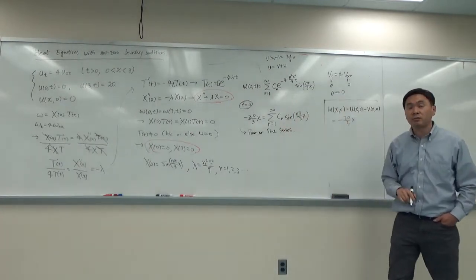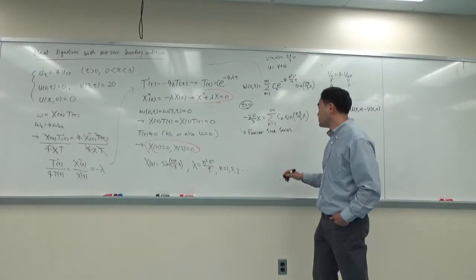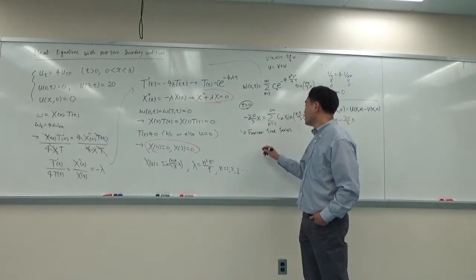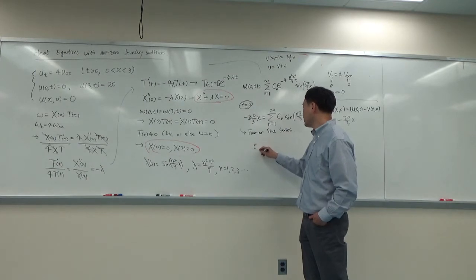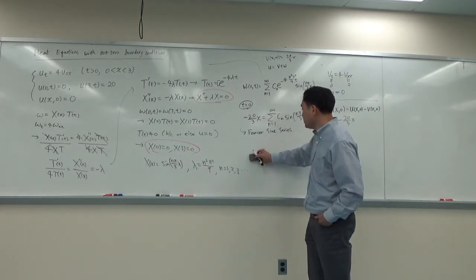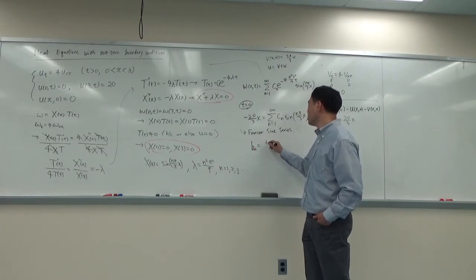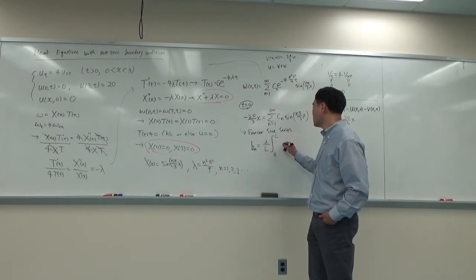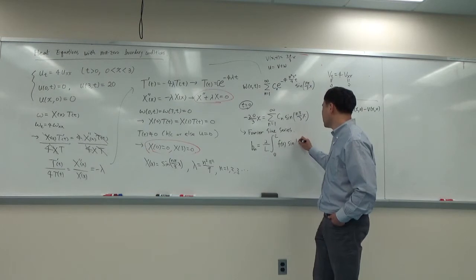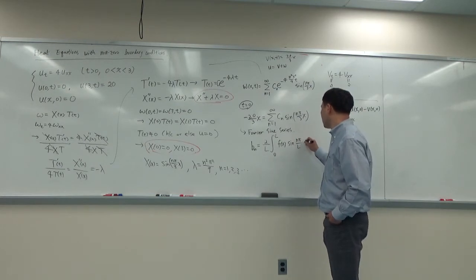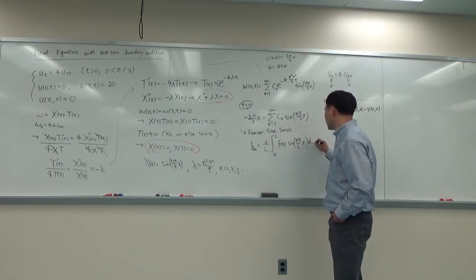And then Fourier sine series will give you, let's see, Cn will actually be Bn equals 2 over L, integral from 0 to L, f of x sine n pi over L x dx.